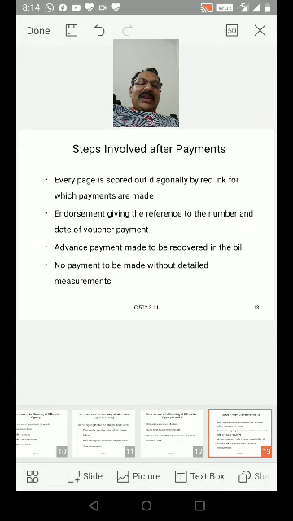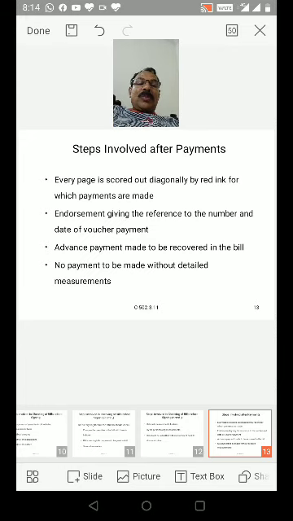Endorsement giving the reference to the number and date of the voucher payment. Advance payment made is to be recovered in the bill. No payment is to be made without detailed measurements. These are the steps involved after payment.